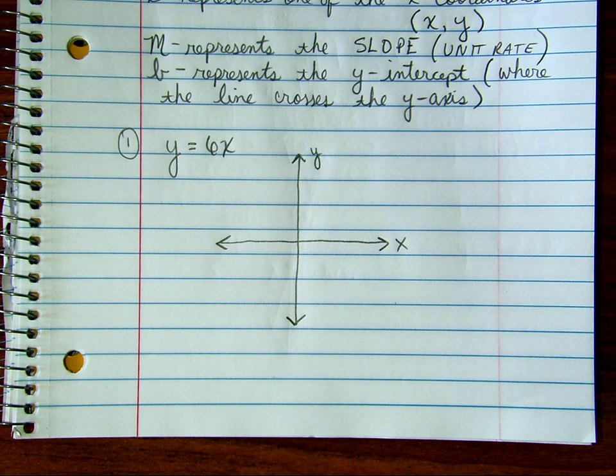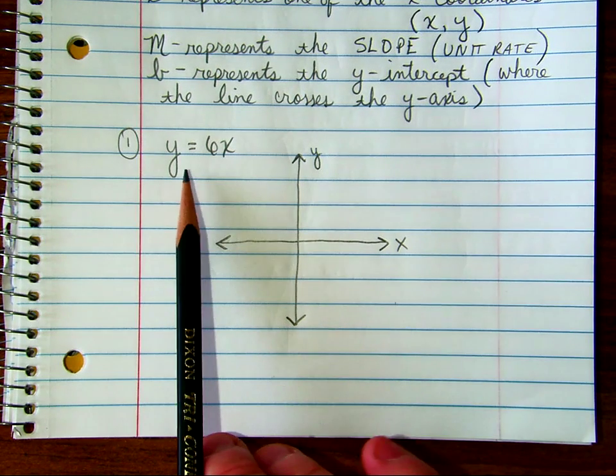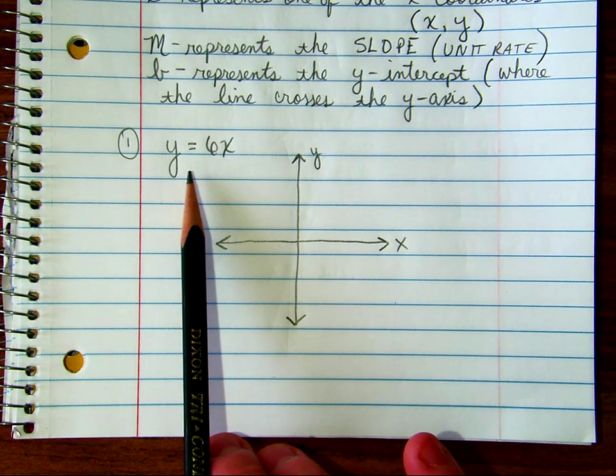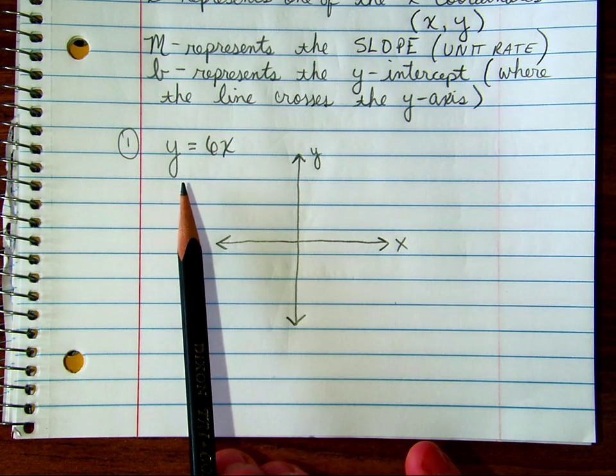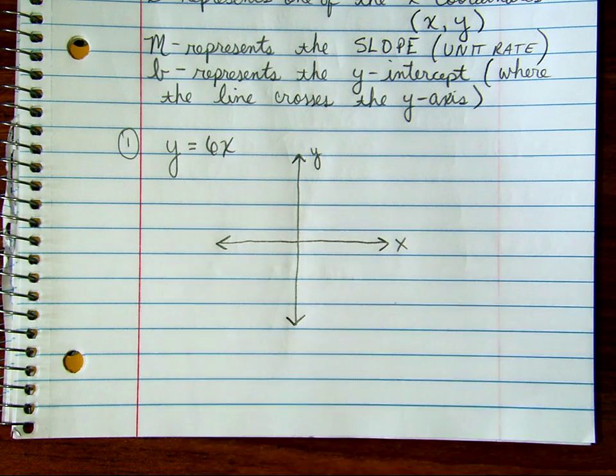So the first equation I'm going to give you is y equals 6x. And believe it or not, you've done this before back in September. You've taken a test on the I can statement that says, I can write an equation using the unit rate.